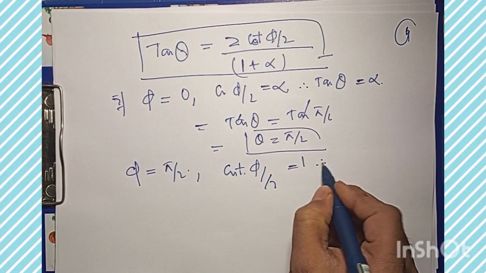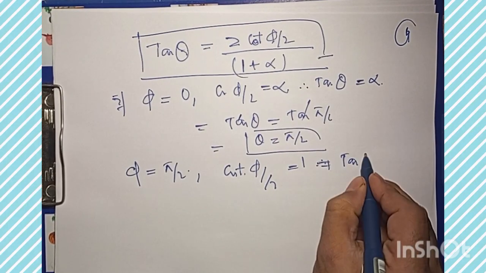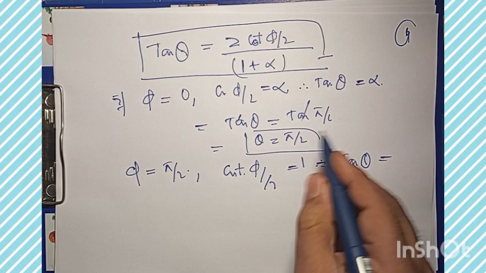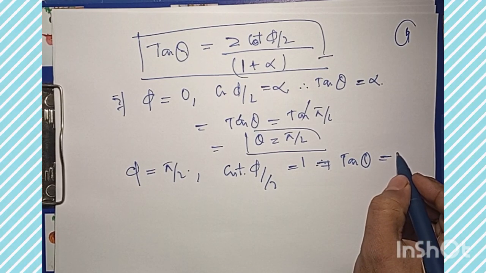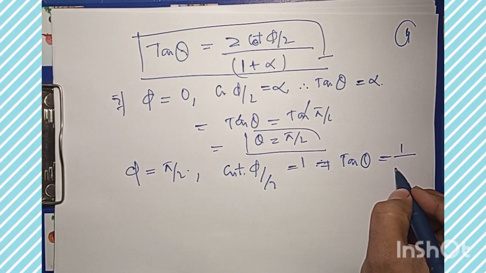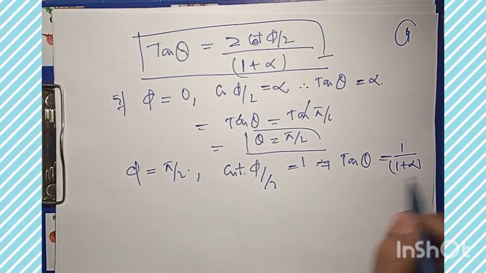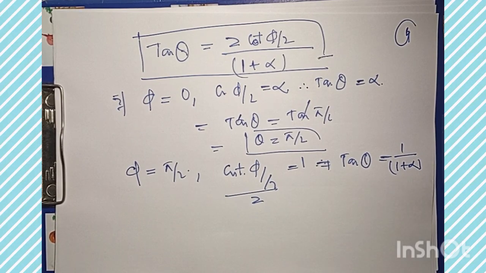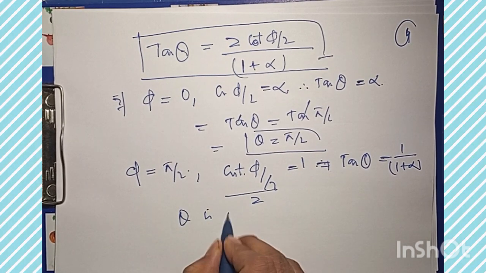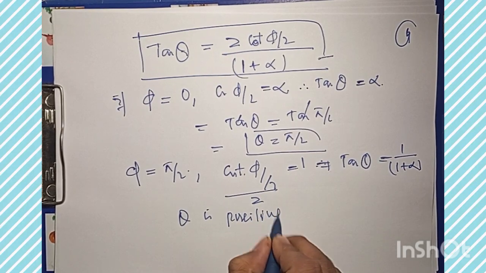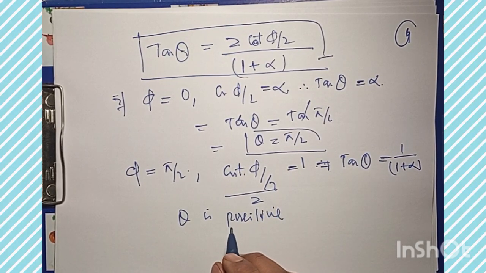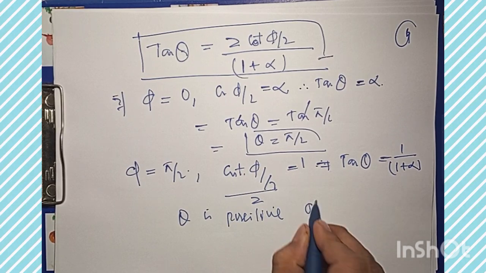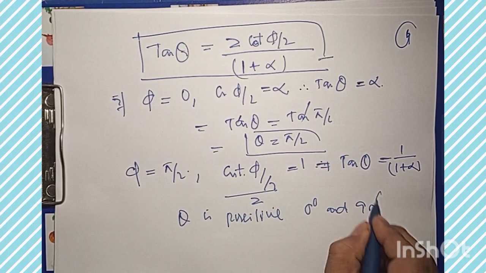So that implies that tan theta in that case will come out to be 1 upon 1 plus alpha, and the 2 and 2 will be cancelled from that equation. So in this case, what we obtain is that theta is positive, and this theta lies between 0 and 90 degrees.